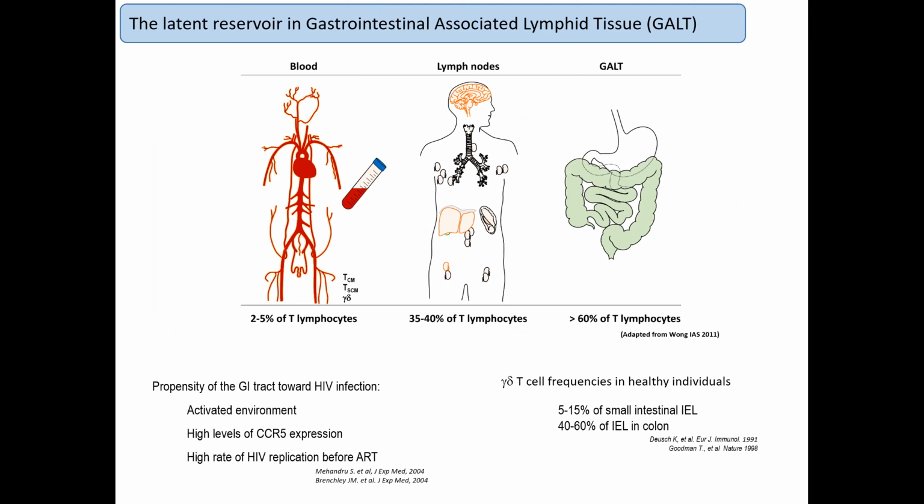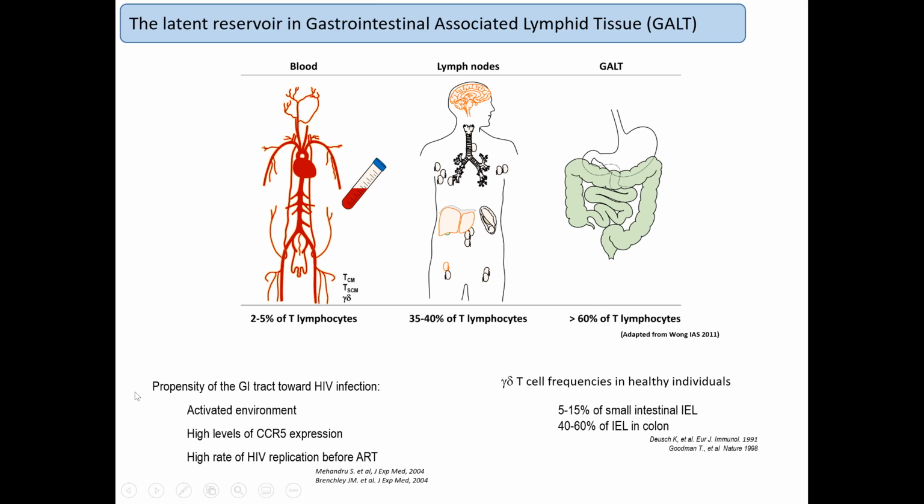The next one is about the GALT, the gastrointestinal associated lymphoid tissue. It's important because only a small fraction of T lymphocytes resides in the blood. However, around 40% of them are in lymph nodes, and more than 60% are in the GALT.